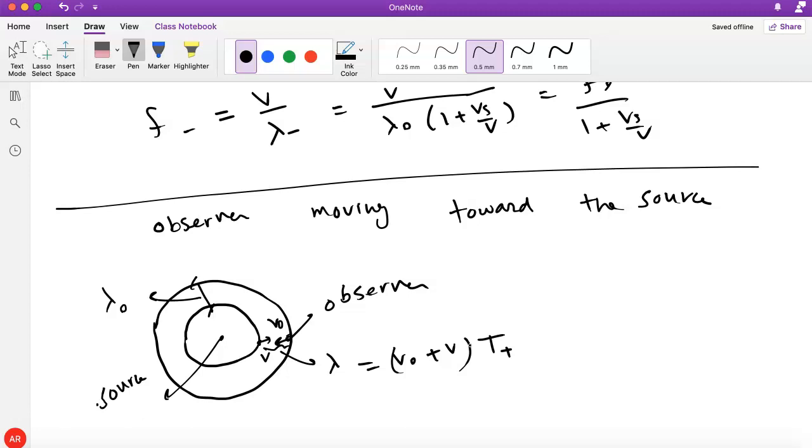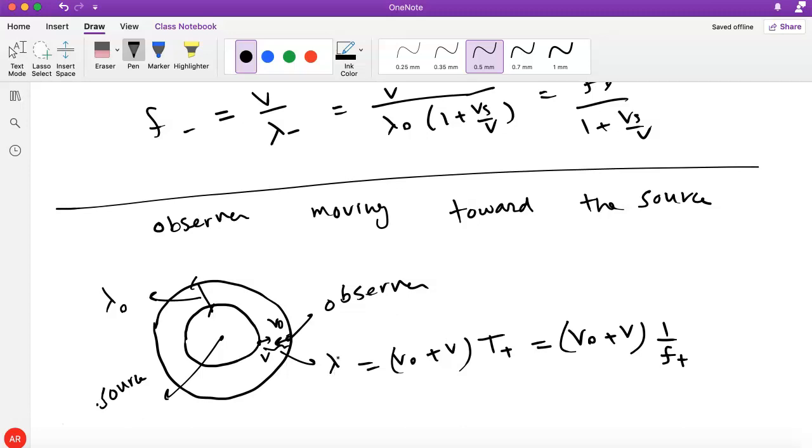So how does it relate to the frequency? Well, the frequency is just going to be 1 over that. So this is V naught plus V times 1 over F plus, the frequency that this observer perceives. And that has to do with the pitch of the sound. So higher frequency sounds are more high pitched.